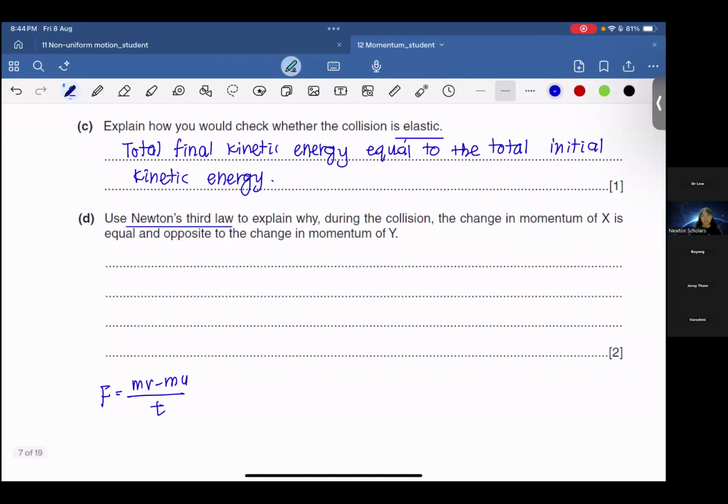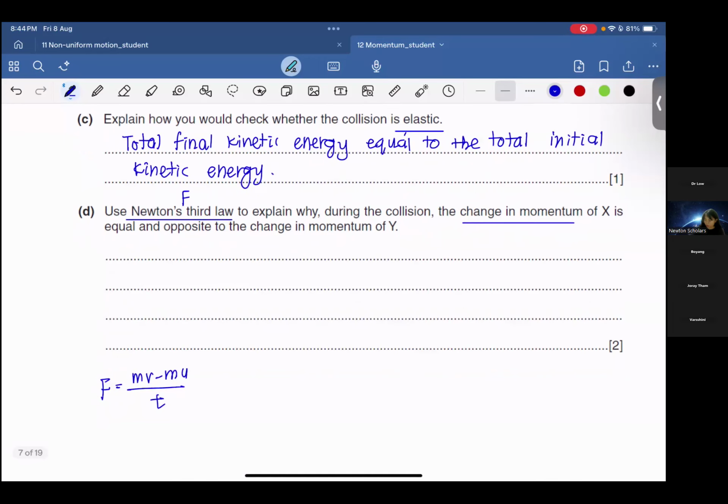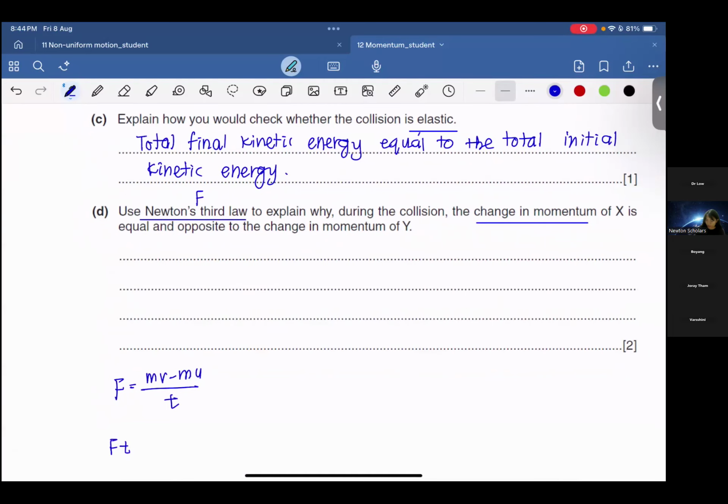This is the impulsive force. Because we're talking about Newton's third law, we have to talk about the force. Then, because the question is asking for change in momentum, I arrange it: force times t equals mv minus mu. Okay, first, force during collision will cause a change in momentum.